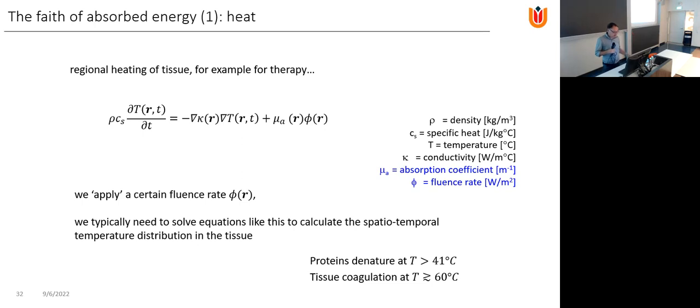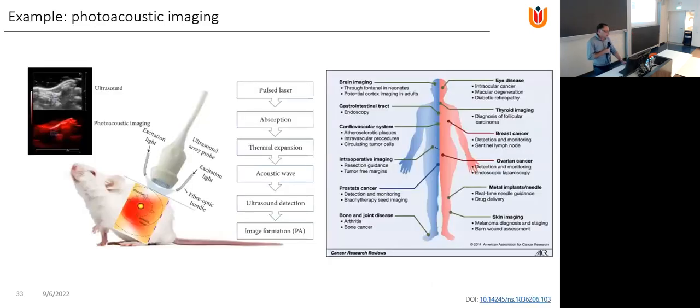So a technique that uses this heating is photoacoustic imaging. What happens there is you shine a laser pulse on tissue. That light is absorbed, so the tissue heats up. Due to that heat, the tissue expands a little bit.